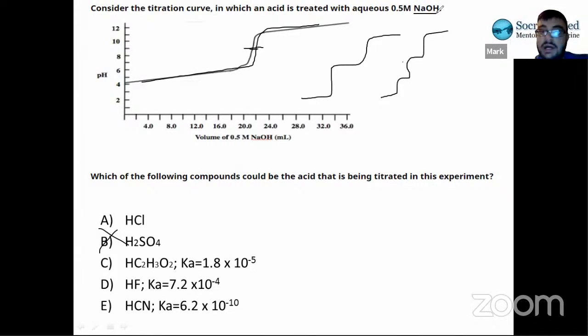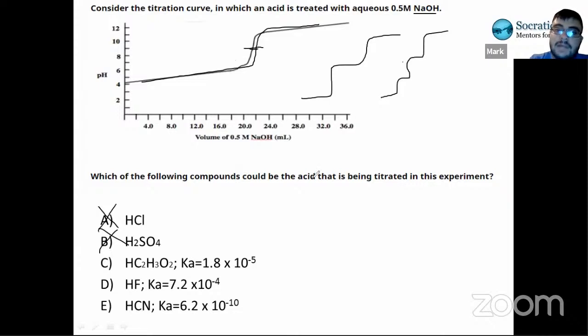In this case, it's pH 9. They told you that they're adding in a strong base, NaOH. So that means if this was a strong acid that they were adding in, the equivalence point would be at 7. Since it's at 9, it can't be a strong acid. It has to be a weak acid. HCl is out because HCl is a strong acid, right? And we knew that based on the equivalence point.